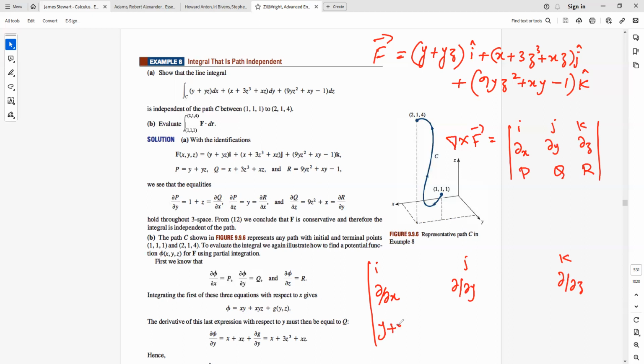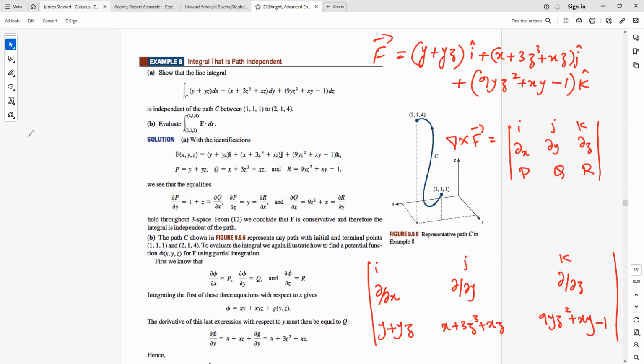So this is y plus yz, x plus 3z cubed plus xz, and this is 9yz squared plus xy minus 1.